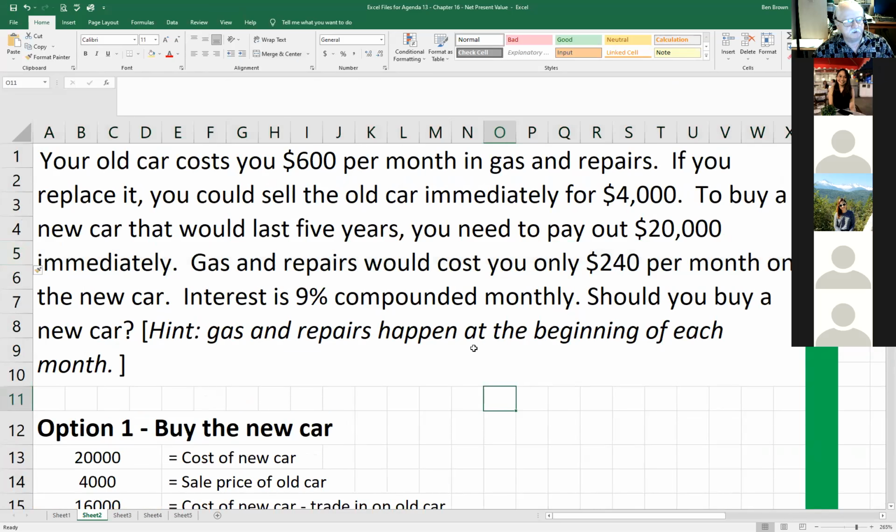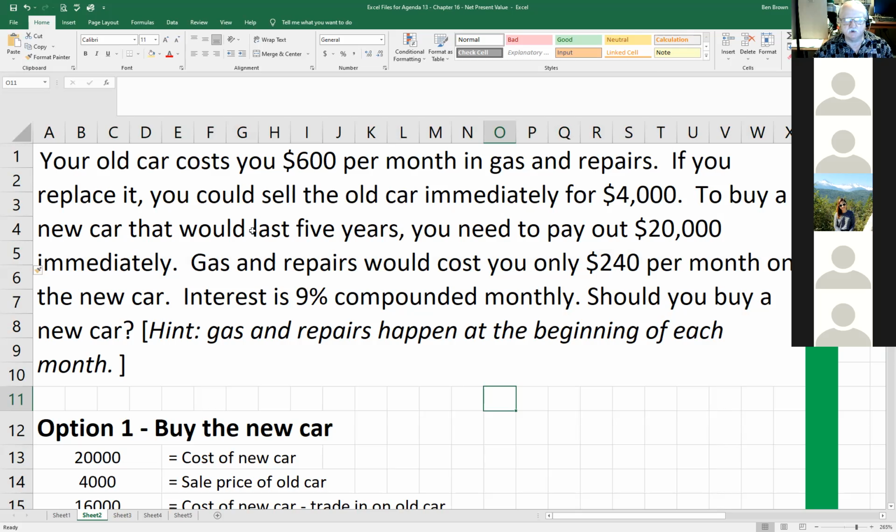So to start with, can people see this question? Yes. Okay, that's good. So your old car cost you $600 per month in gas and repairs. If you replace it, you could sell the old car immediately for $4,000.